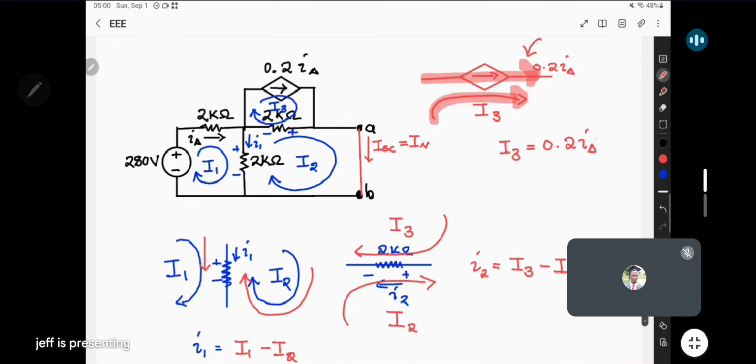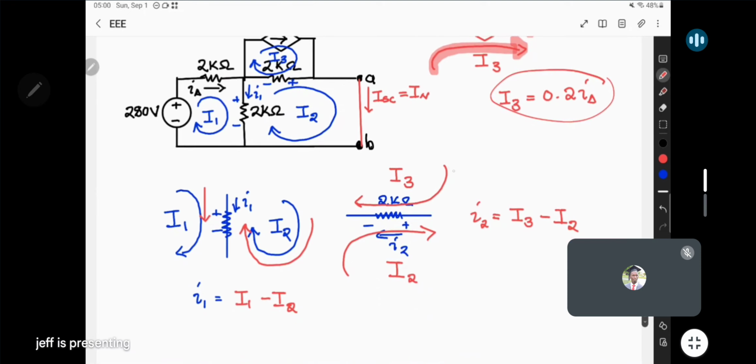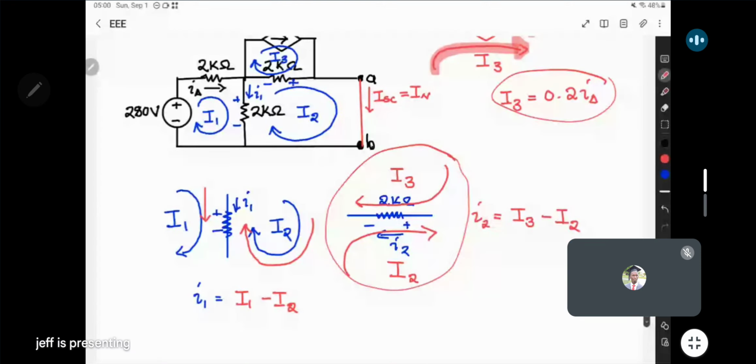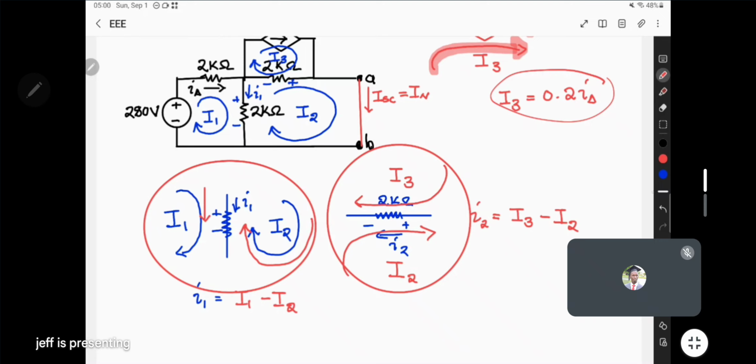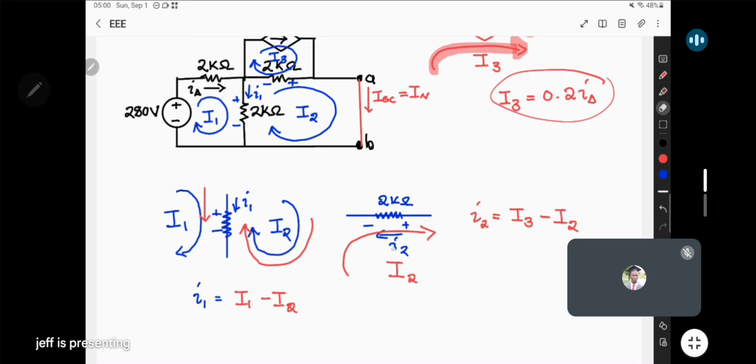Notice that this analysis here is similar to what we are doing here, but the only difference is that here there were two mesh currents which were related. Even here, there were two mesh currents which were affecting the branch. Had it only been one mesh current affecting the branch, let's say the one on top was not there, notice that the mesh current I2 is going to the right, branch current is going to the left.